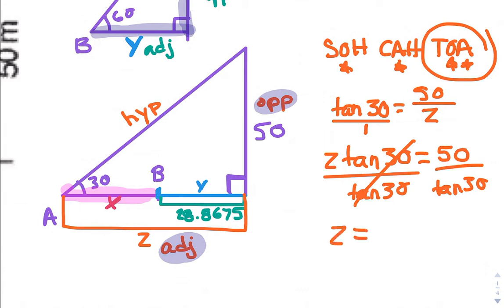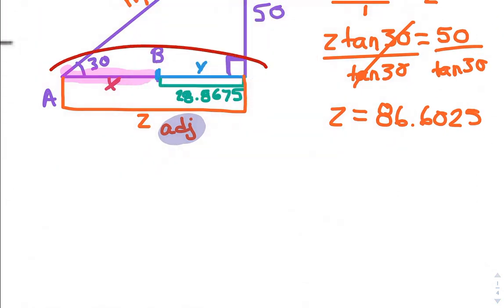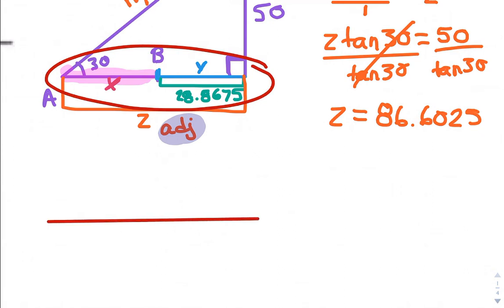So in my calculator now, you're going to do 50 divided by, in parentheses, tan 30. And you get 86.6025. So now what I have, if I'm just going to focus on this bottom line right here, so just this part, I'm just going to redraw it so it's not as messy.